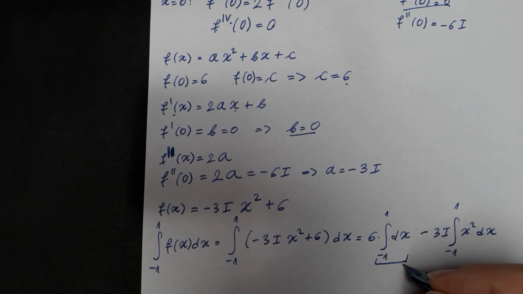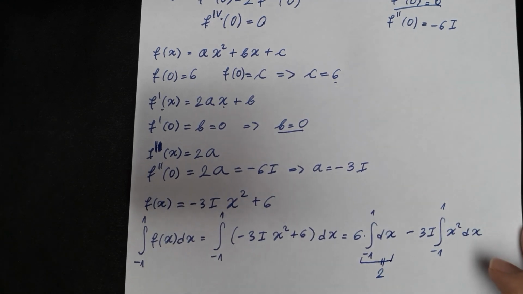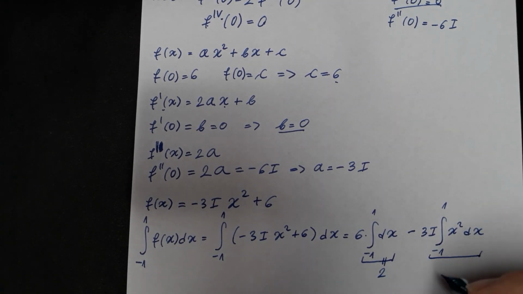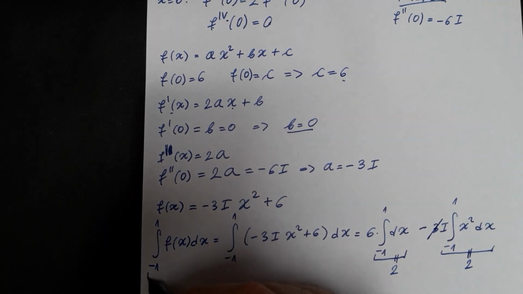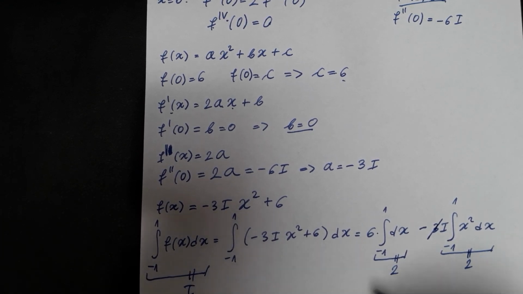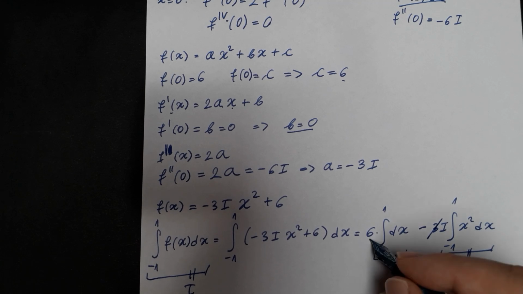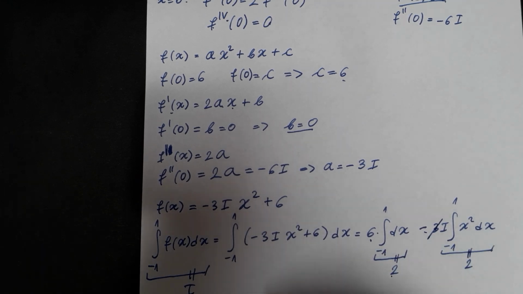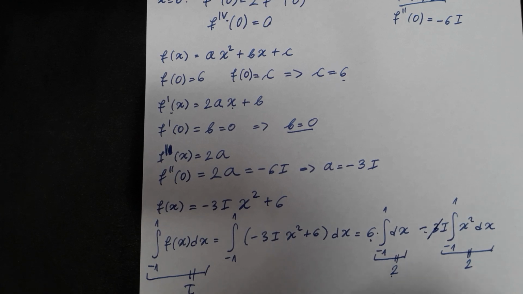We know that this integral is equal to 2, and we know that this integral is going to cancel out with these 3 and give us the value of 2. So this is the integral I, so then I becomes equal to 12 minus 2I. And that means that 3I is equal to 12, and that means that I is equal to 4.